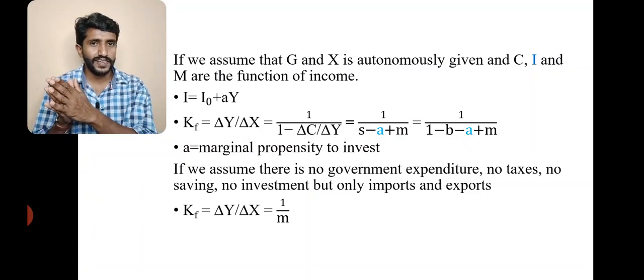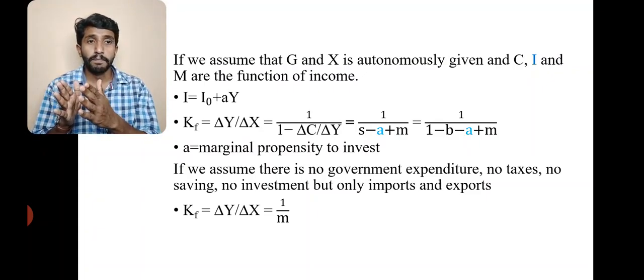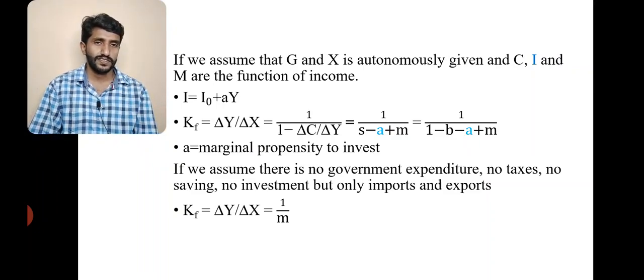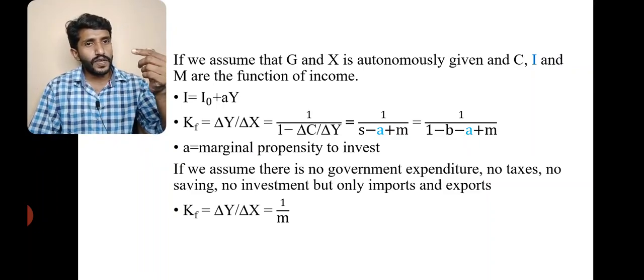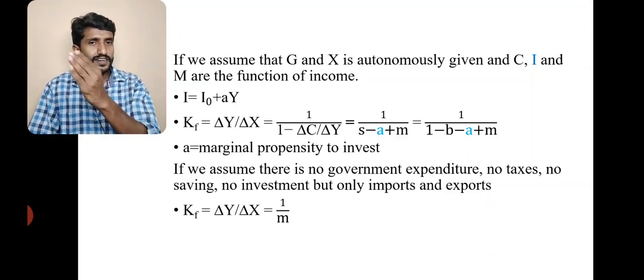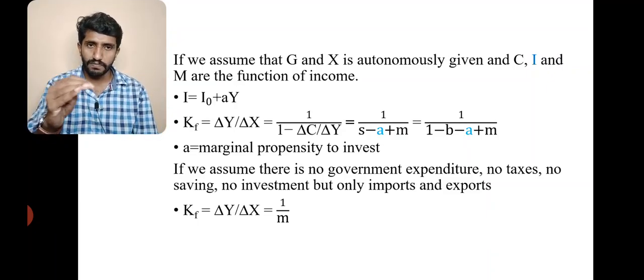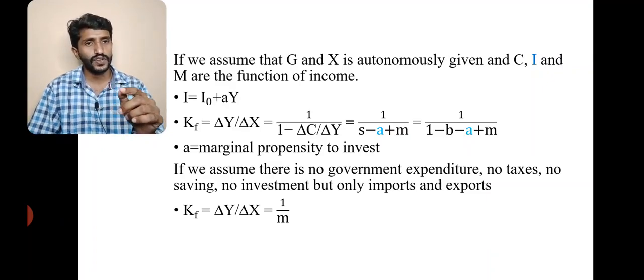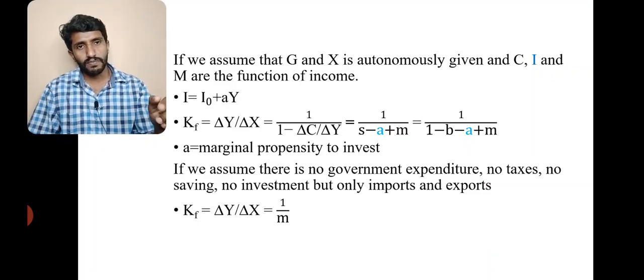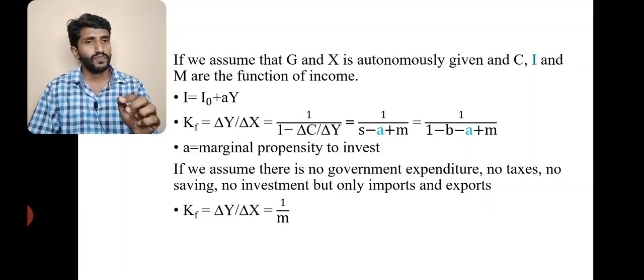As we said MPC, it is MPI, or marginal propensity to invest. So if we make I a function of y, then the above equation changes: kf is equal to change in y divided by change in x, which is equal to 1 divided by 1 minus change in c divided by change in y.